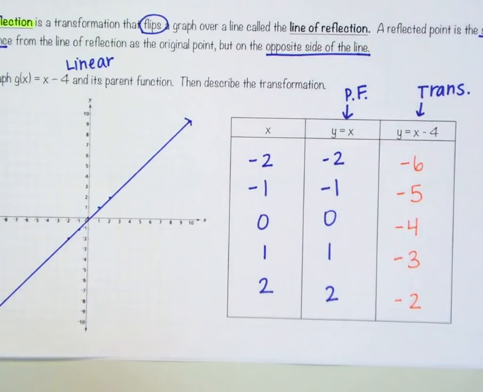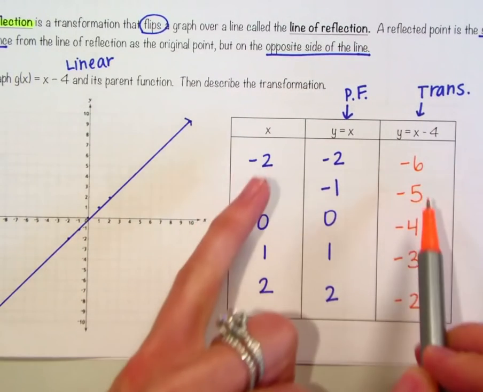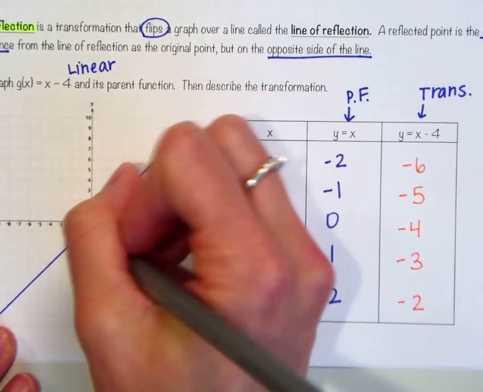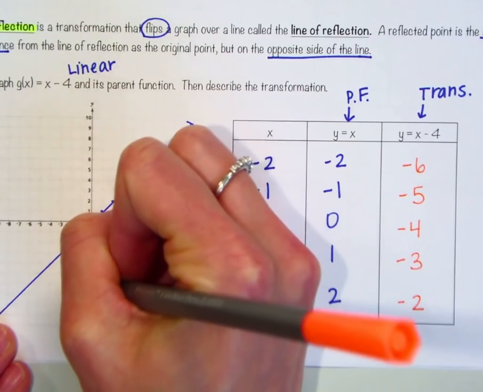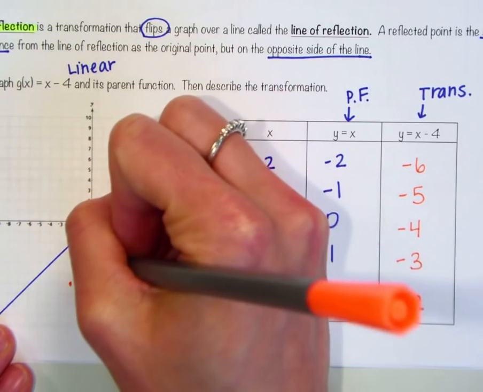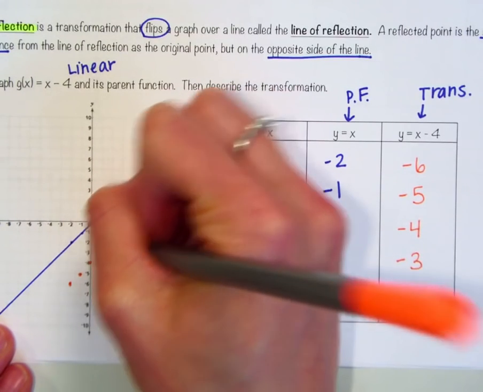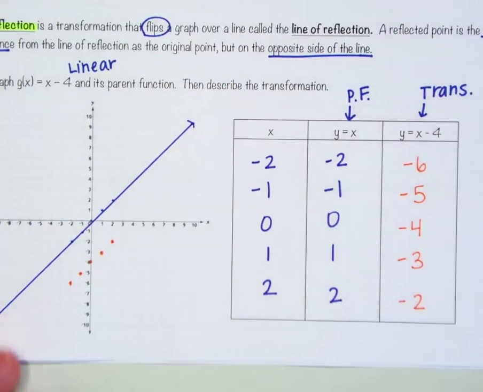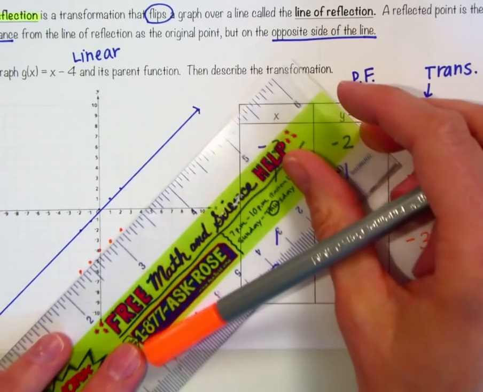Okay. So then we'll graph these ordered pairs. -2, -6, -1, -5, 0, -4, 1, -3, and 2, -2.